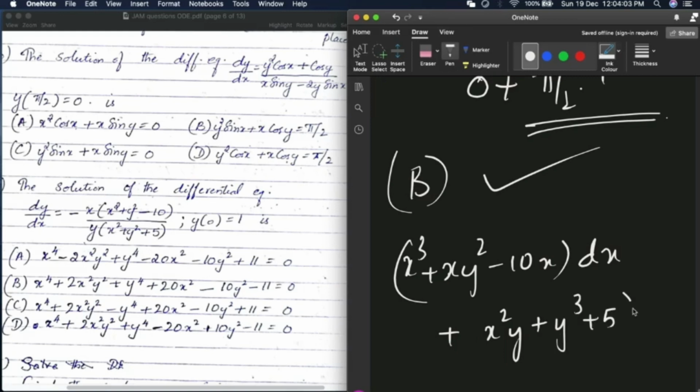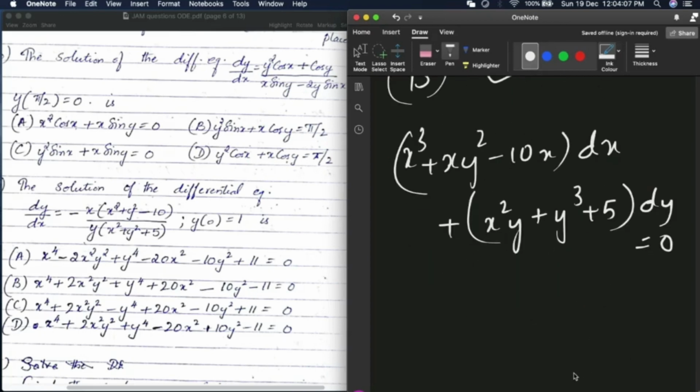Am I correct? I think it has to come exact. Yes, ma'am. Yeah, because 2xy both are plus. No, I had a doubt whether one is coming negative. In that case, it should have been different. No, this is 2xy. Exact, ma'am. Exact. Correct.